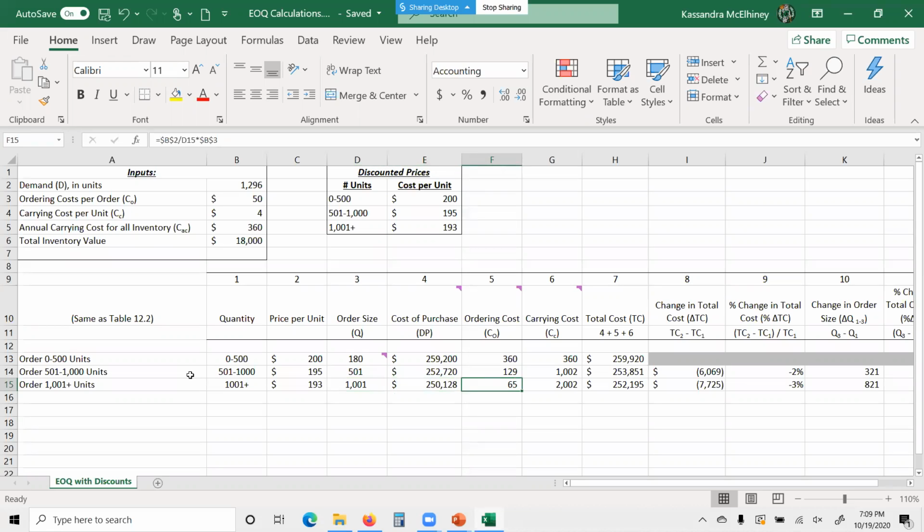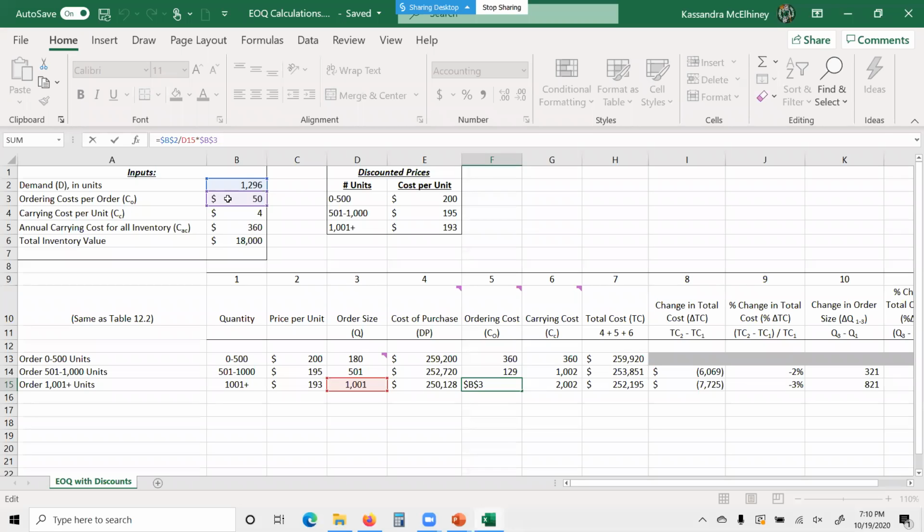Our ordering cost is annual demand divided by order size times ordering cost per order. We're ordering just a little over 1 time per year at 1,001 units. So total ordering cost $65.